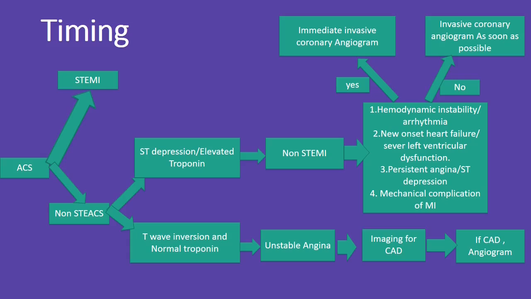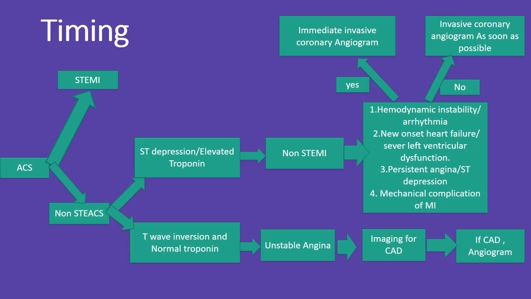Thereafter, we should look at the condition of the patient. That means you have to see whether there's hemodynamic instability or arrhythmia, or whether there's a new onset heart failure or left ventricular dysfunction, or if there's persistent angina or ST depressions following the optimum management, or whether there are any mechanical complications of myocardial infarction.